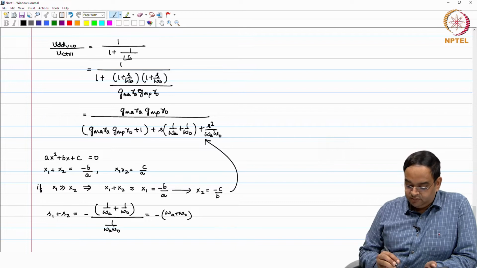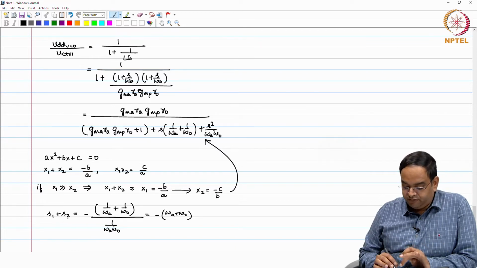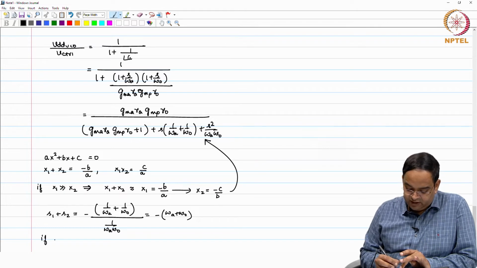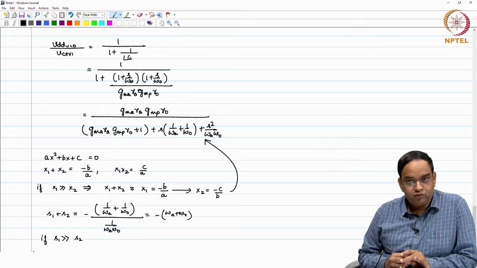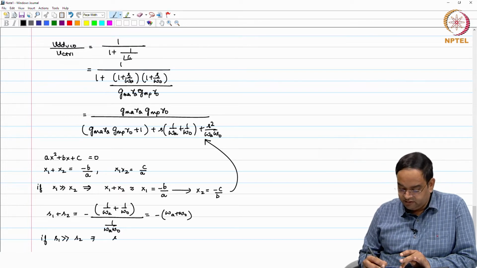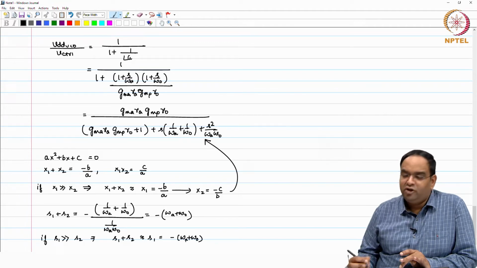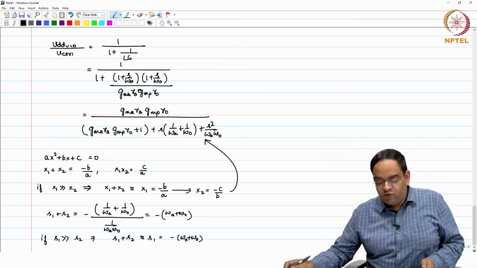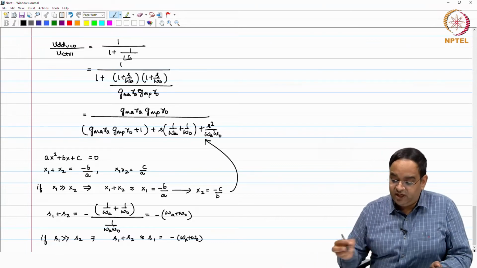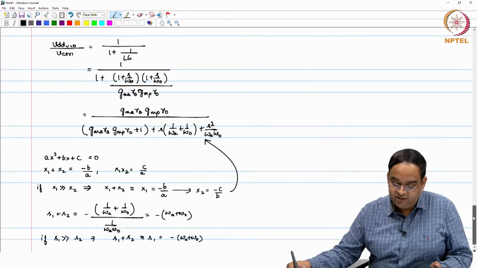If S 1 happens to be much larger than S 2, then S 1 plus S 2 is approximately equal to S 1, which is minus omega a plus omega o. So, effectively you will get one pole at omega a plus omega o.